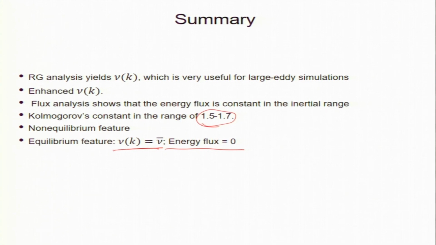The proof is a bit complicated, but it can be shown. So, field theory is telling us the same story that we expect. Okay. So, this is a non-equilibrium field theory for turbulence. Okay. So, let us stop.